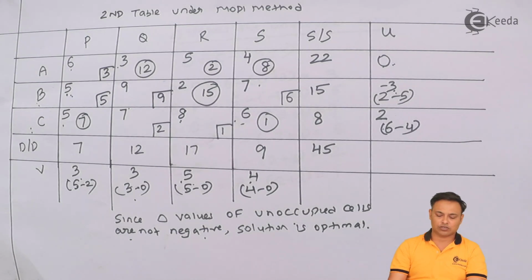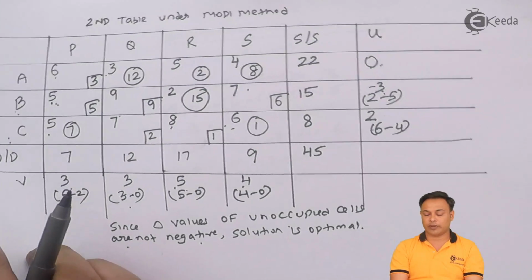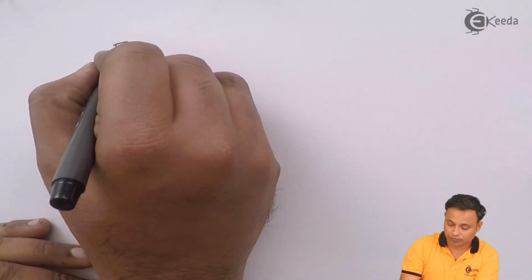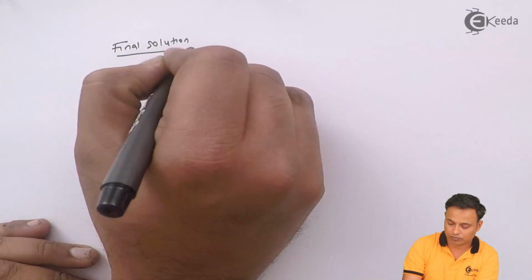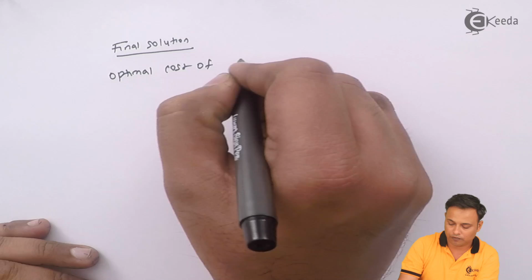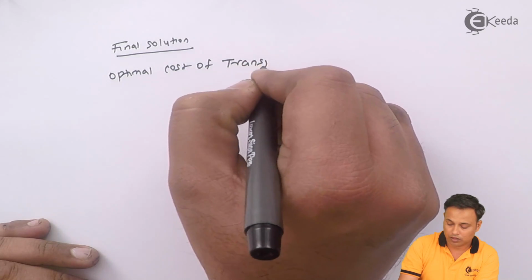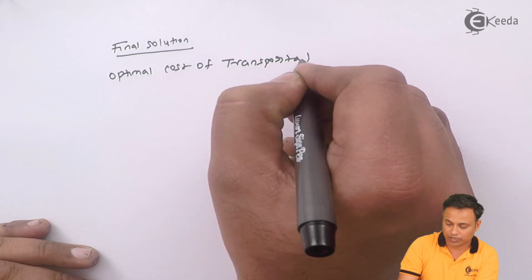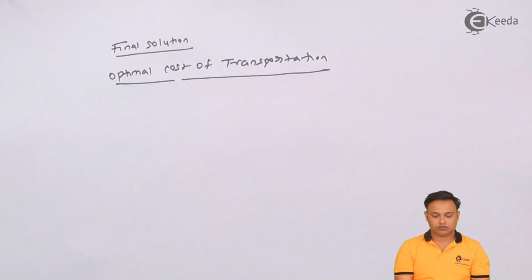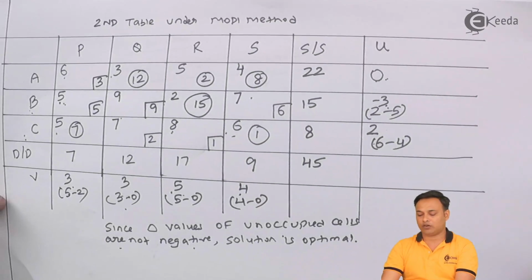Now what's the final solution? Let's get the final solution in my next table. Optimal cost of transportation. So how much we are transporting from where to where?